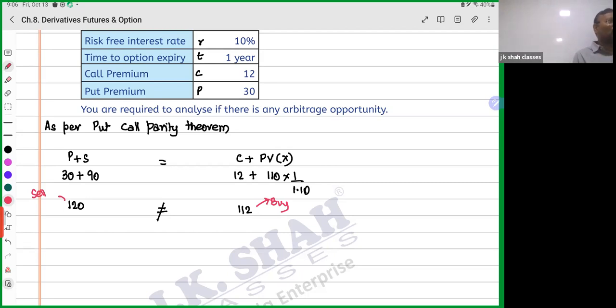Today. What I proved earlier was that our expiry values are going to be the same, which means their value today must be the same. So put call parity tells you that at any given point of time, P plus S must be equal to call plus PV of X. Therefore, this P and C are the values of these options. Value means the premium.